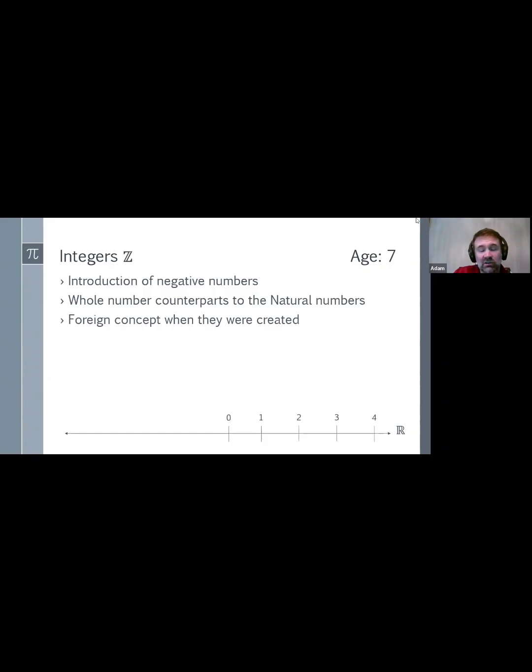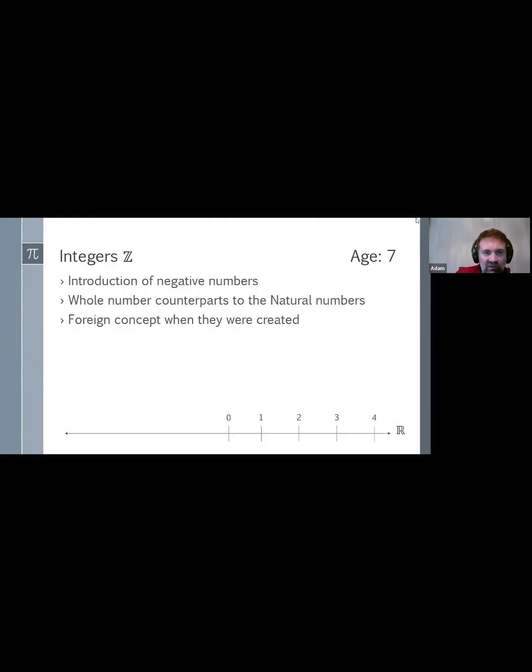Actually, the number 0 also came later because no one really had the idea of what is having nothing, having 0 of something. Usually when people talked about numbers, they talked about what they had: 1, 2, 3, 4, whatever, how many things they had. So having 0 stuff was kind of hard. Having negative numbers was kind of complicated.